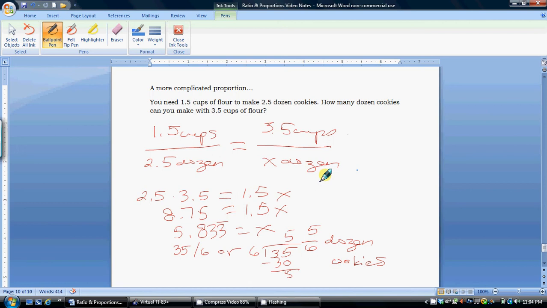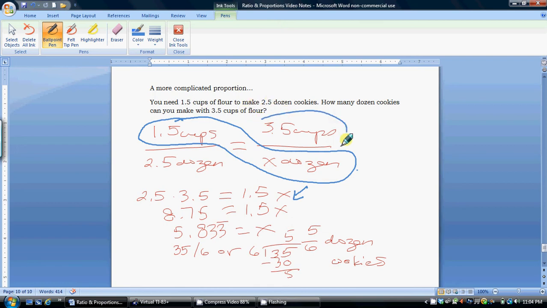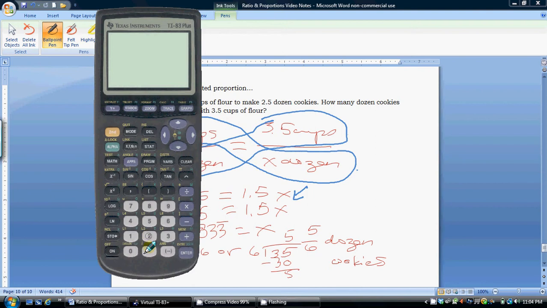Again, the trick with proportions is cross multiplying. So this is 1.5x, which is right there. And this is going to be 3.5 times 2.5, which is right there. So 2.5 times 3.5, we can go to the calculator if you want, if you don't trust me.